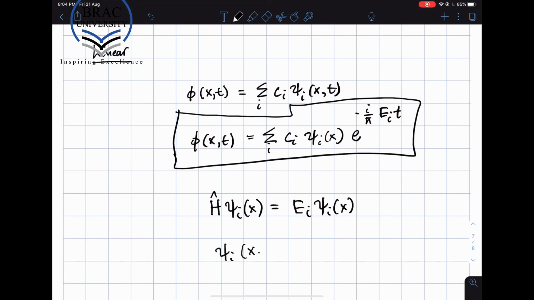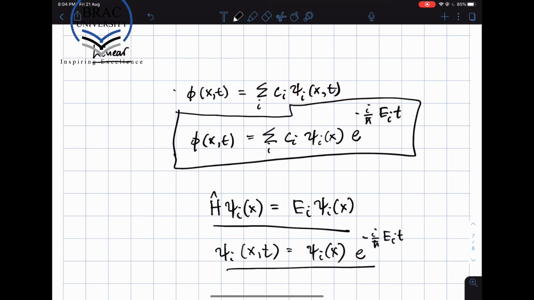They evolve very easily. They just evolve by an exponential factor, because if you just integrate this equation, that's what you get. And once you get this, using the fact that any old state can be expressed in terms of a linear combination of the eigenstates, you can evolve it in time, and this is the result you get.